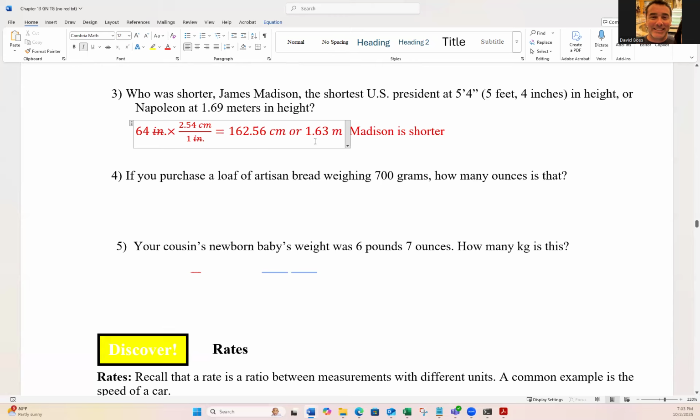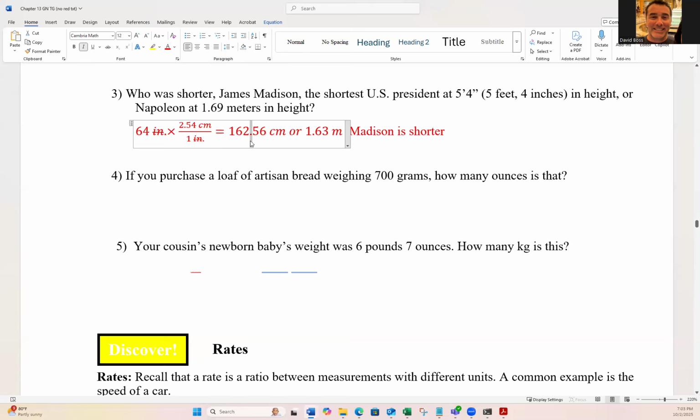Or 1.63 meters. So going from centimeters to meters, you go centimeters, decimeters, meters. So that's why you move it twice. So you're at centimeters, you go to decimeters, and then meters. If you're not following with your eyes right now, follow my cursor.